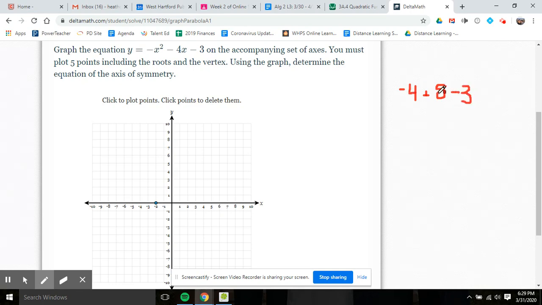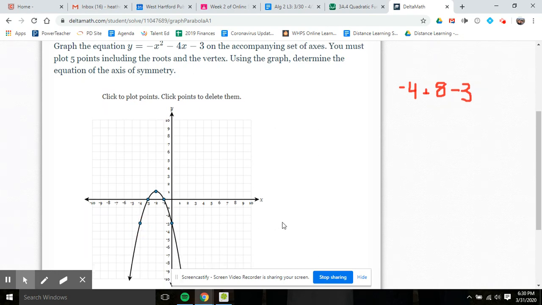So this would give me 4 minus 3, which would give me 1. So now I know that instead of negative 2 comma 0, it'd be negative 2 comma 1. So there's my vertex. Now if I fast forward and go through all of the points of doing the parabola, this is what I would plot.